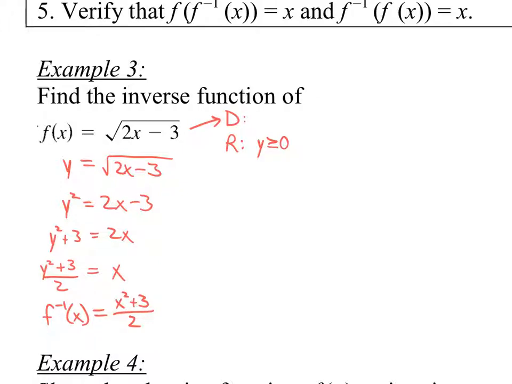The domain here is what? 2x minus 3 is greater than or equal to 0. So that means x has to be greater than or equal to 3 halves, right? Good.